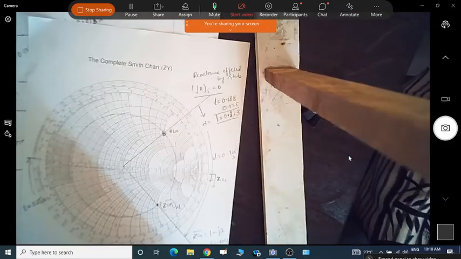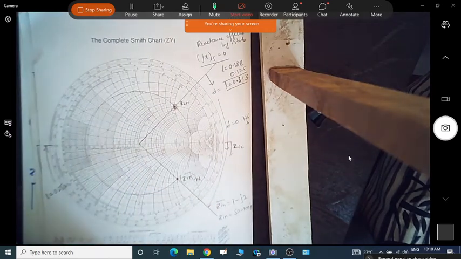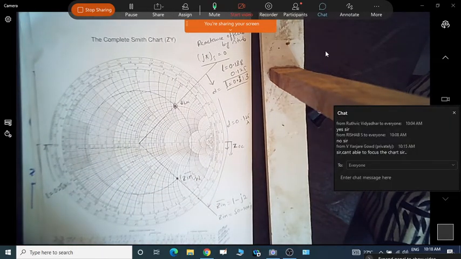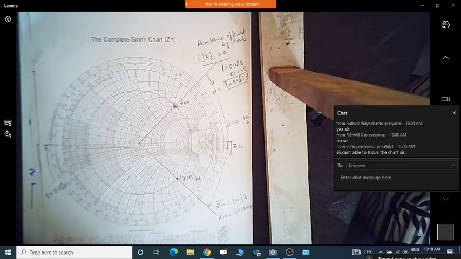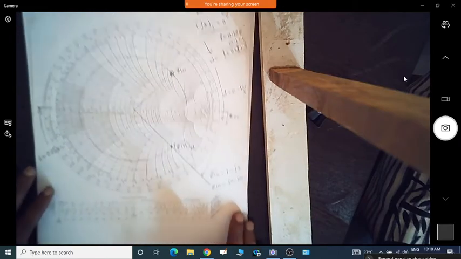Did you get it? Now is it fine? Yes, sir. Okay, so that is what we need to do in finding out the input impedance.